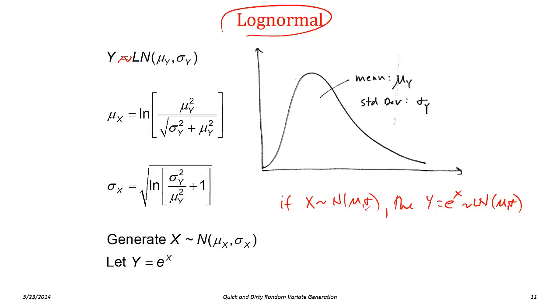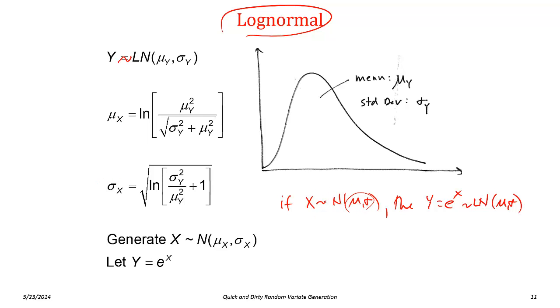Note, though, that this mu and sigma is not the mean and standard deviation of the observed values. Instead, if we want to generate samples with a given mean and standard deviation, we have to first solve for those using these two expressions. So that's what we have as mu x and sigma x. And this is the mean and the standard deviation of the underlying normal distribution.